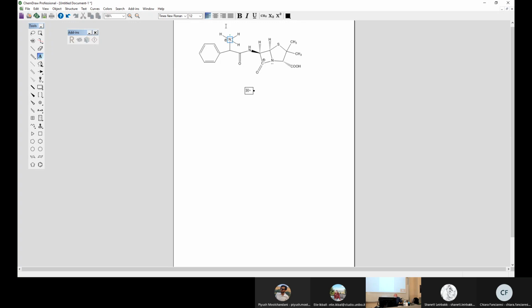So this means that this protonated nitrogen atom can defend the beta-lactam ring from the attack of the proton, because they have the same charge, and so we have a repulsion of the two species.